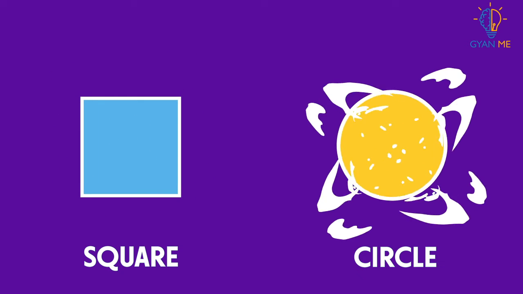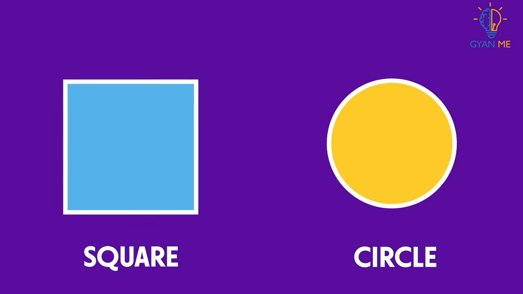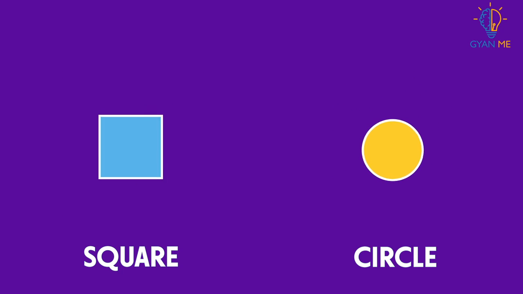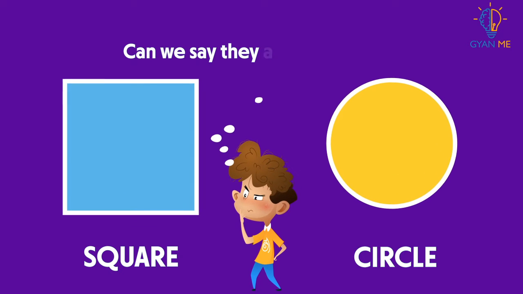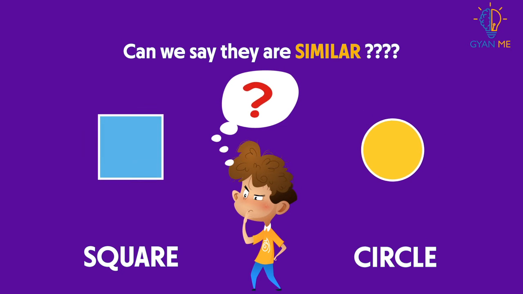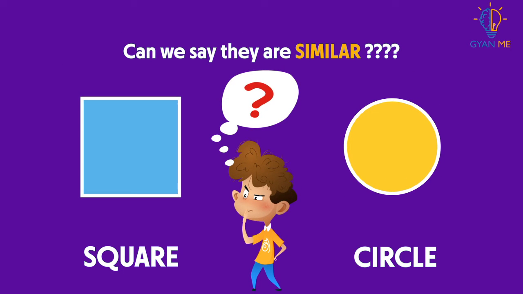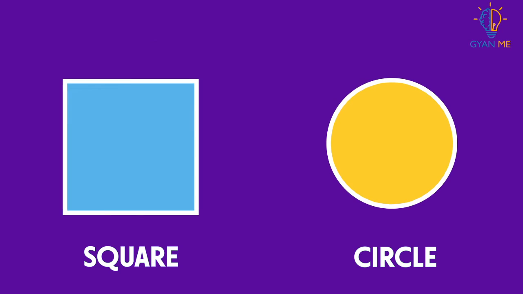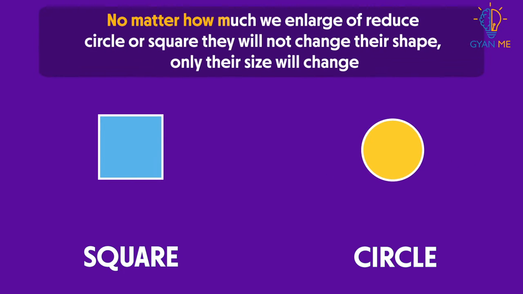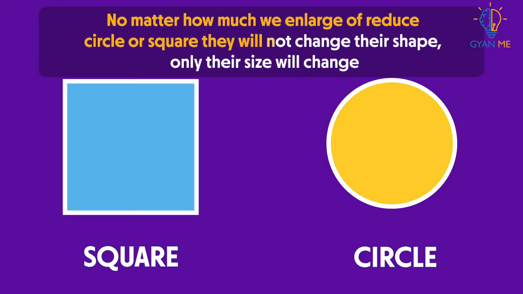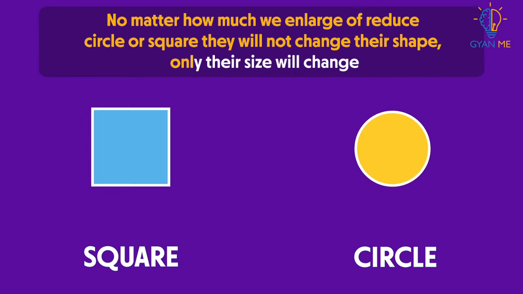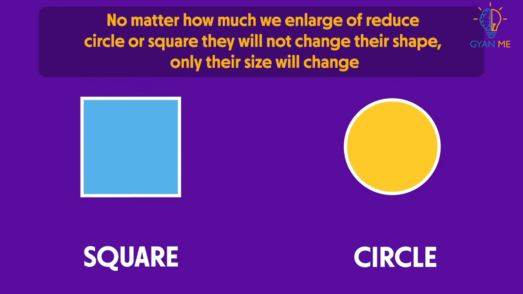Now consider this square and a circle again. Let us scale up and scale down both the square and the circle to various sizes. Can we say they are similar? Yes, we can still say that they are similar, because no matter how much we enlarge or reduce the circle or a square, they will not change their shape, only their size will change.